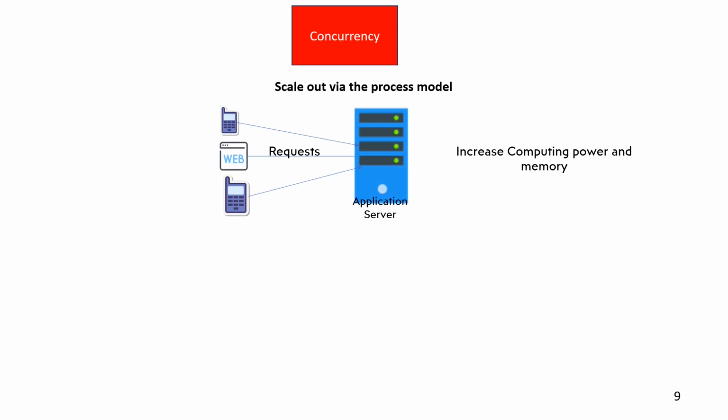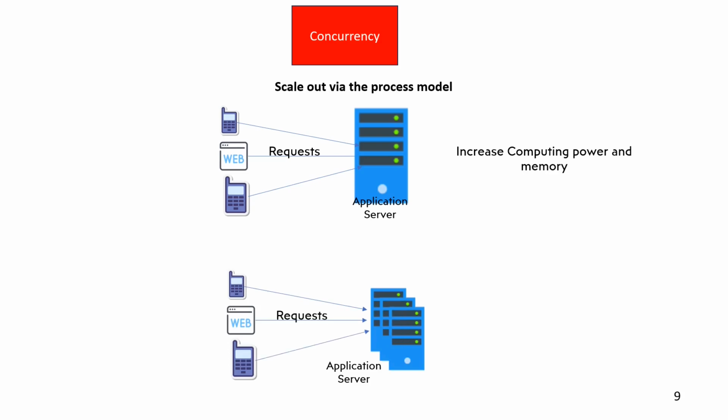Either you can have just one server and increase the computing power and memory to serve multiple users, but in case you cannot do that, you have to use horizontal scaling. For that, you have to use multiple servers, and those servers will be able to accommodate the concurrent transactions coming from the client.